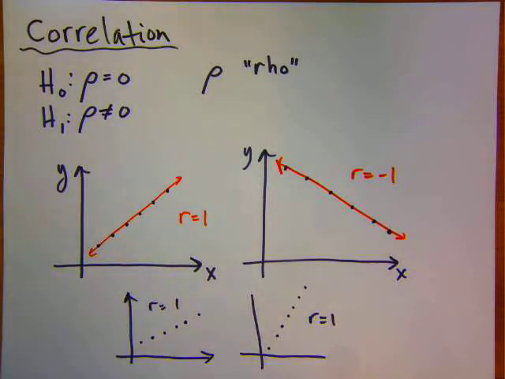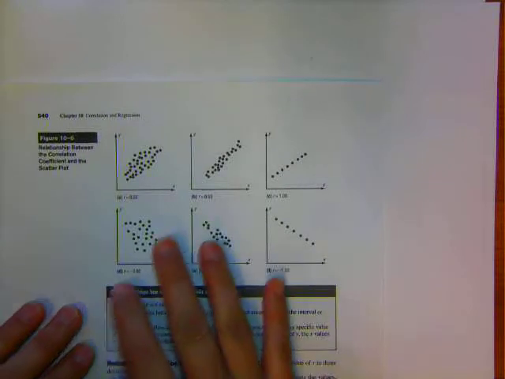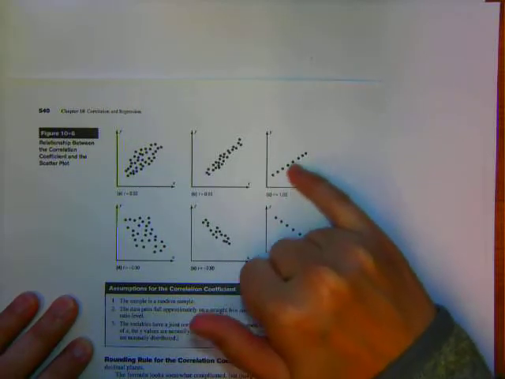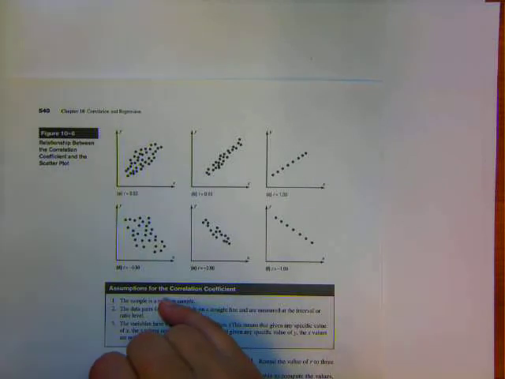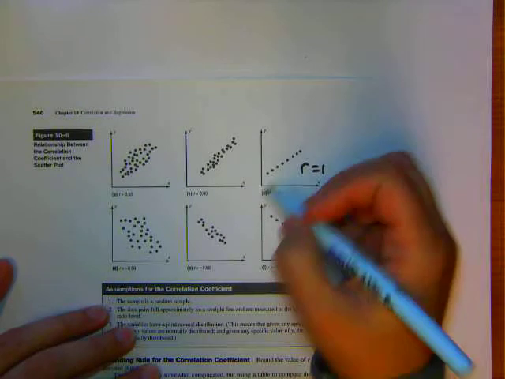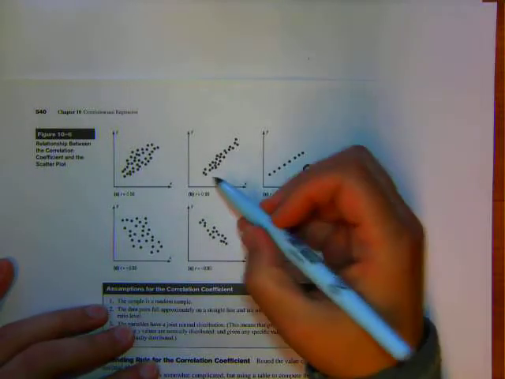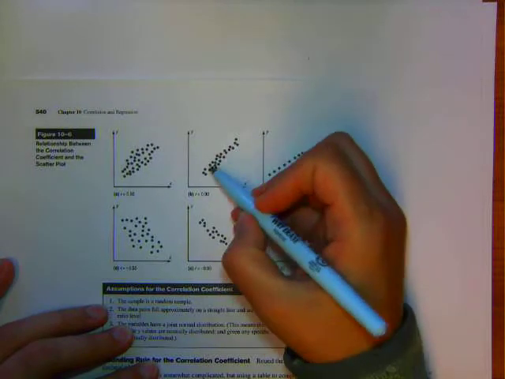For example, if I was to look at some different values for r, as these dots get more and more scattered, your r is going to get closer and closer to 0. So here's some examples of different values. You'll see here that they're going uphill from left to right. We have r equals 1, so in this case, a perfect linear relationship between those. This is still an uphill trend, somewhat in a line, but the dots are more scattered.